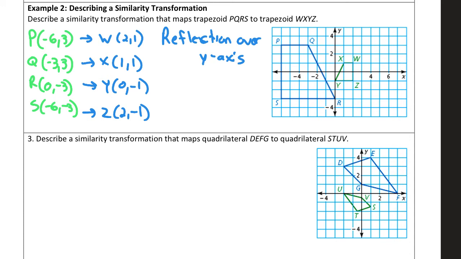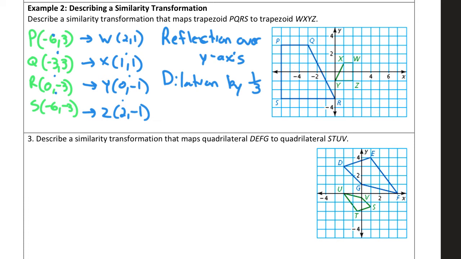It's like I divided all of these points from PQRS by 3. So this would be a dilation by 1/3 because I am making my shape smaller to produce an image. That's why it's a dilation by a scale factor of 1/3, not 3.